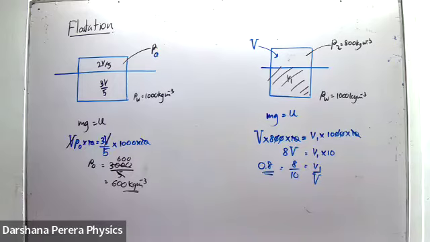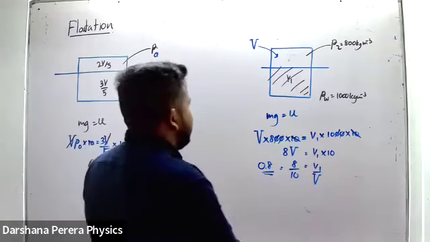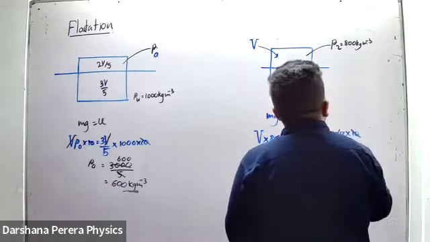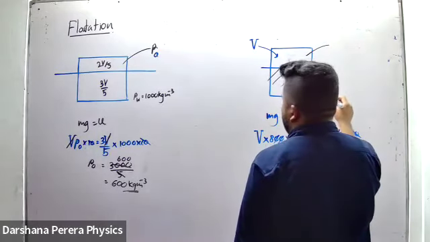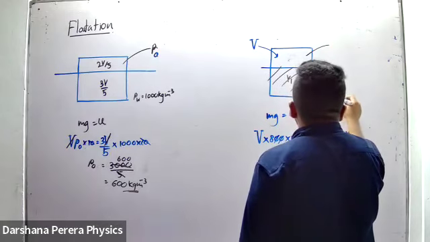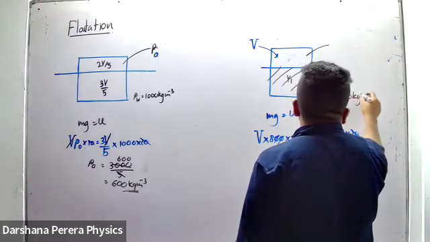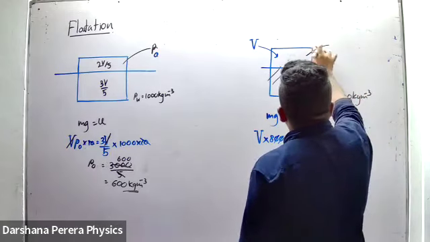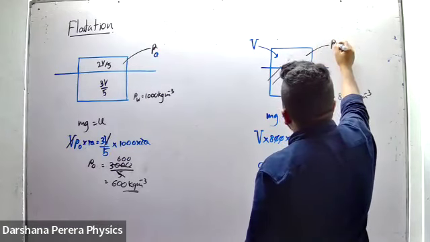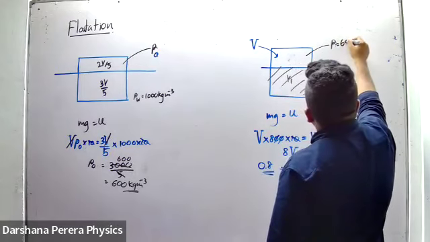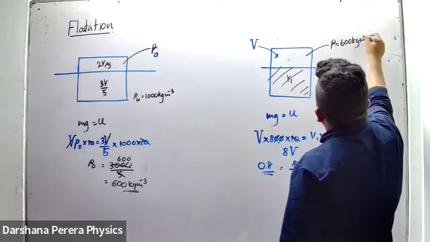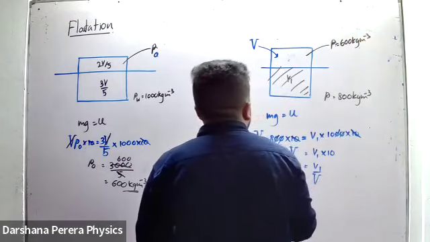If an object floats on a liquid, the density of the liquid is given as rho, 800 kg m^-3. Then the density of this object is not changing, no? Density of this one is 600.